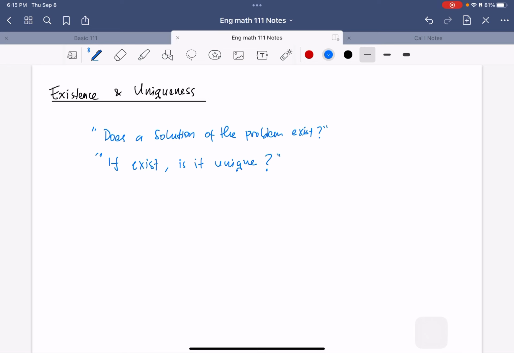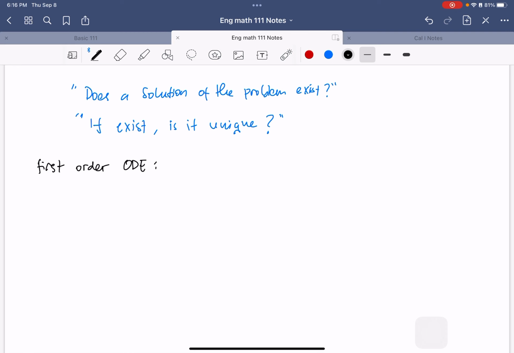Now we need to develop what that means. For the first order ODE, we need to ask, does the DE possess solutions?